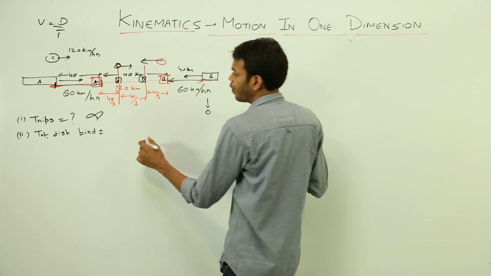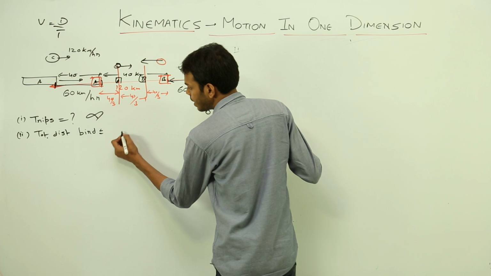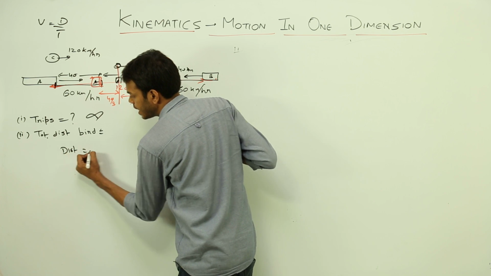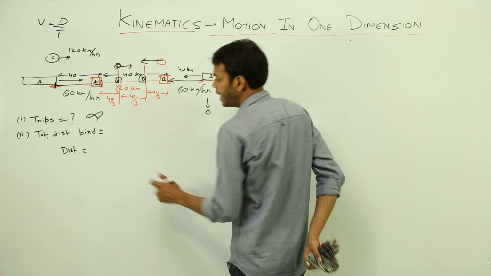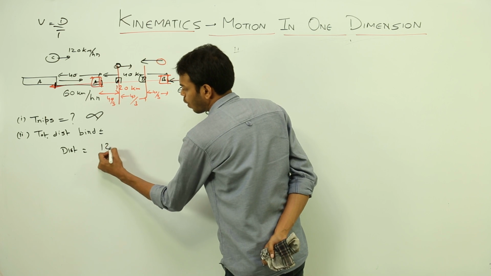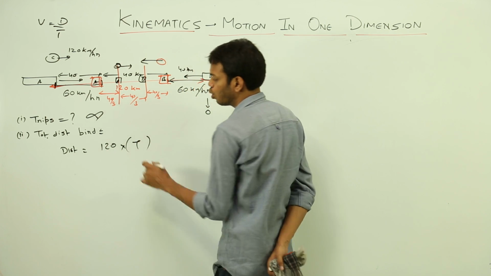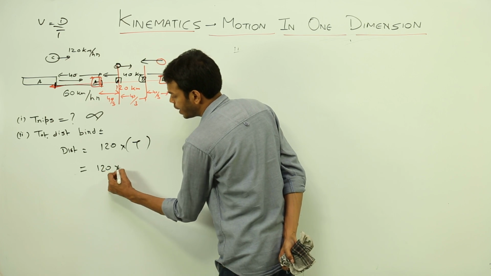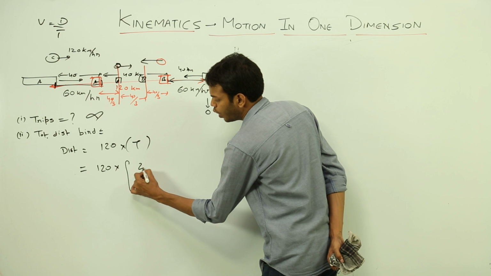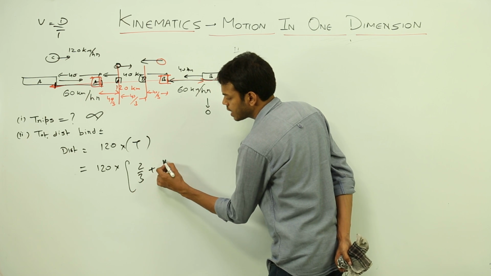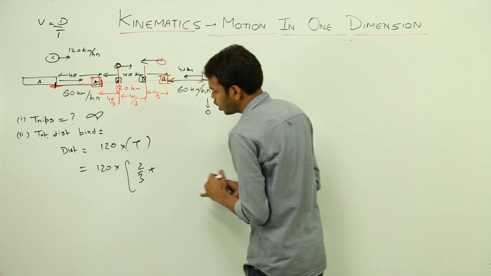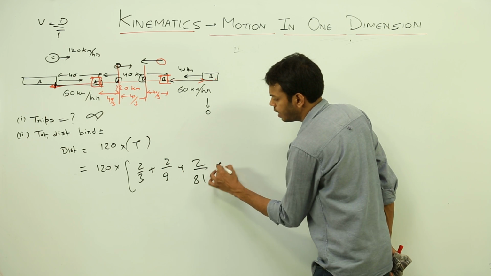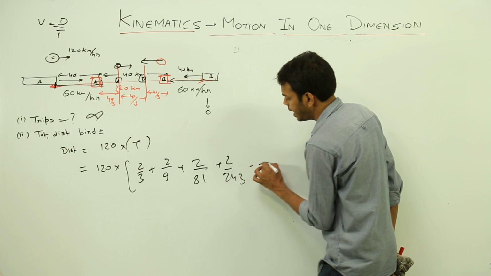So what is total distance? Distance is speed into time, right? Speed is 120 into the total time taken by the bird. What was the total time we just calculated? 120 into the time, which is, first of all, 2 by 3 hours, plus second case 2 upon 9 hours, plus 2 upon 81 hours, then 2 upon 243 hours, and so on.